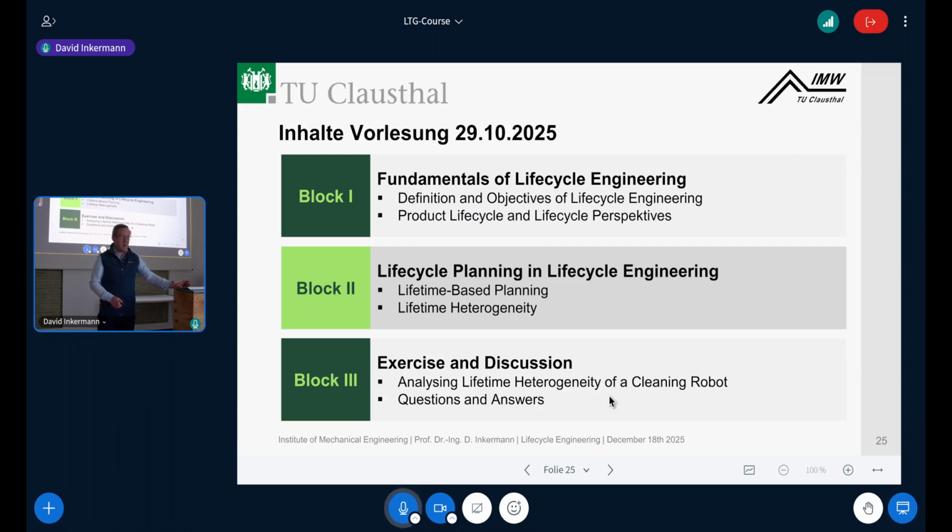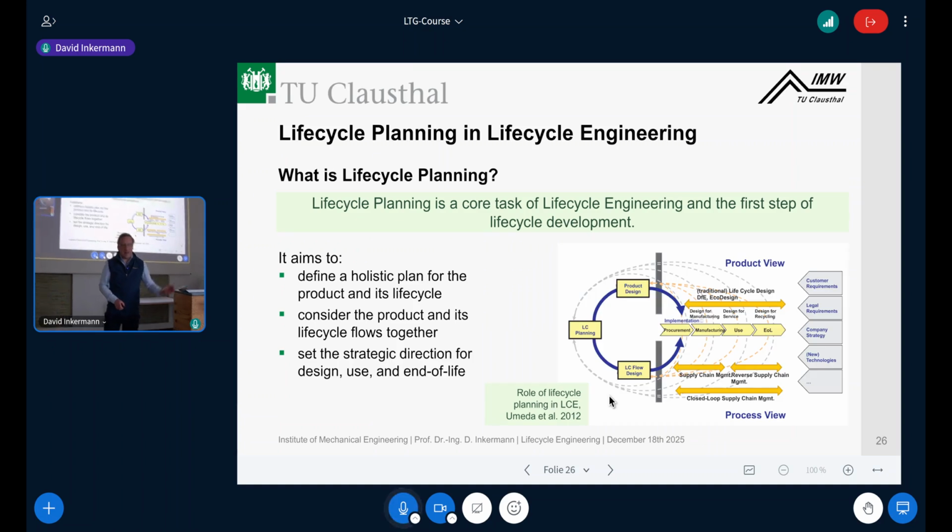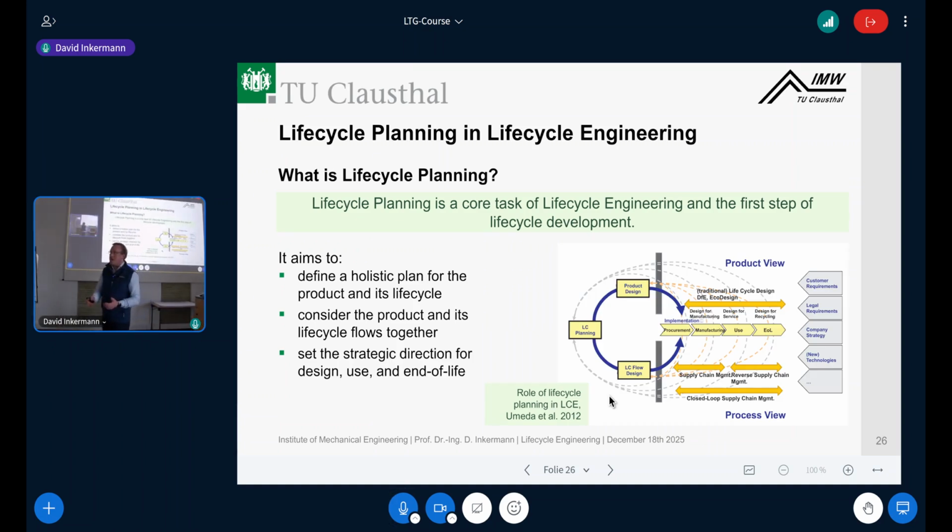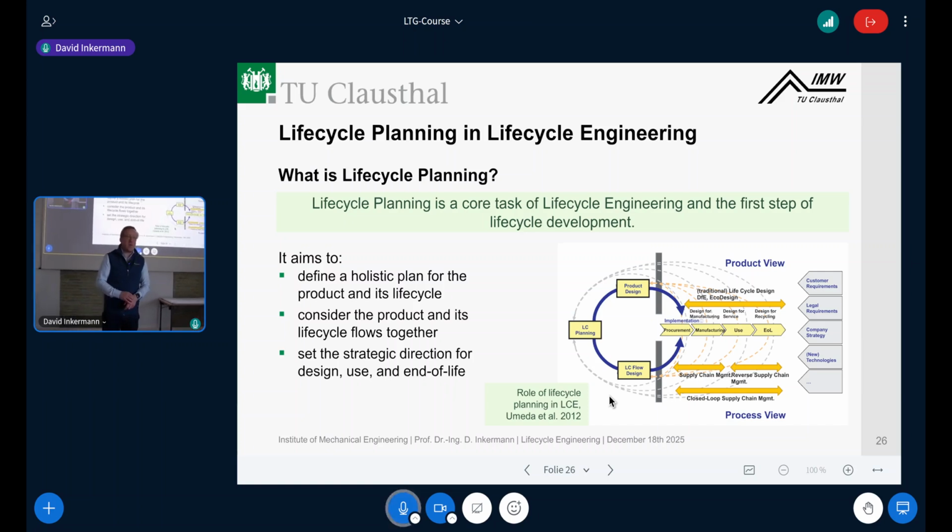That is this block here. And like we discussed, if we take this very beginning perspective of design, the question is, how should the life cycle look like, and how can we implement the life cycle, and how should the product look like to enable this life cycle? That's basically the question.